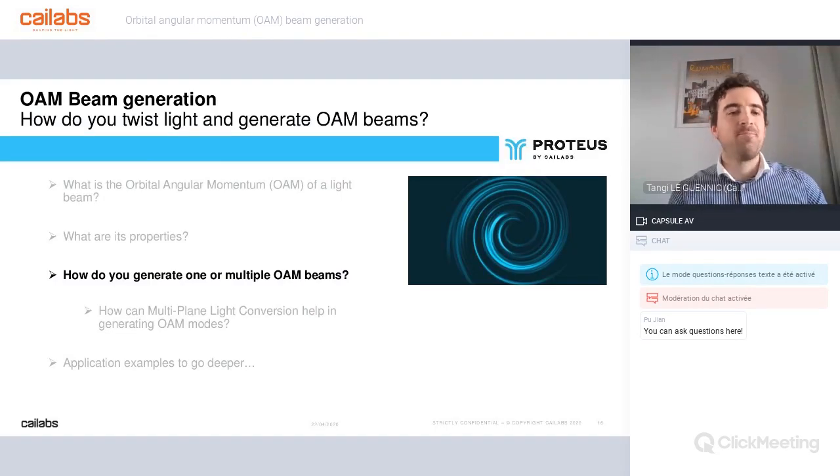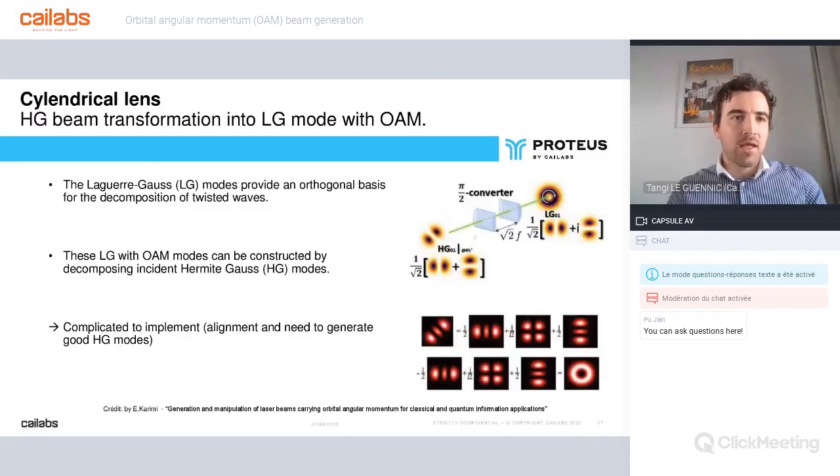So now let me explain the generators available today on the market. The first one is the cylindrical lenses. This was the first method to generate OAM waves. It consists in transforming an input Hermite-Gaussian beam into a Laguerre-Gauss mode by using 2 cylindrical lenses.